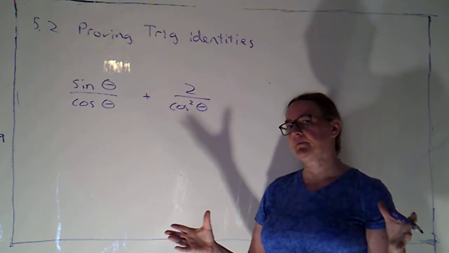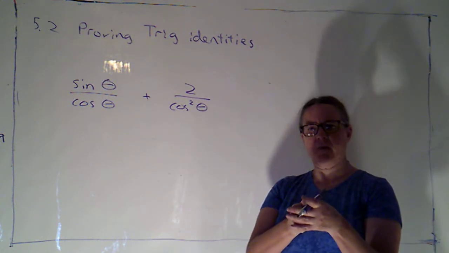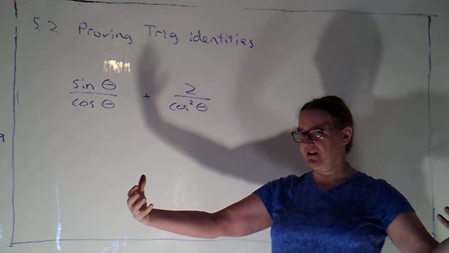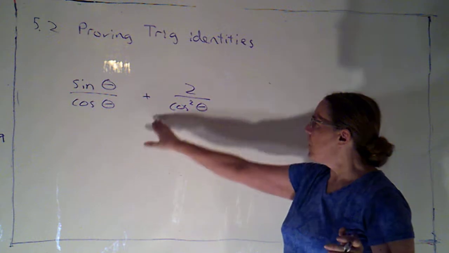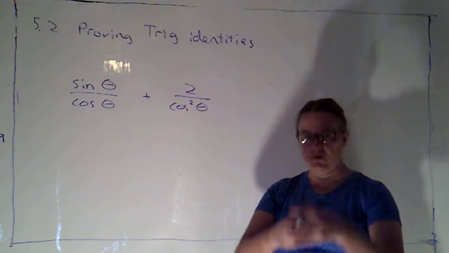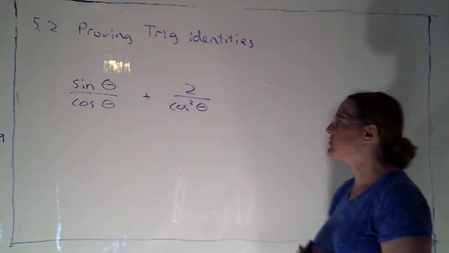Sometimes it's going to be simpler to have just one fraction. Other times it's going to be simpler to take one big fraction and break it apart into smaller pieces. Right now, I want to just practice the skill of, if I have two fractions, how do I combine them to get just one?